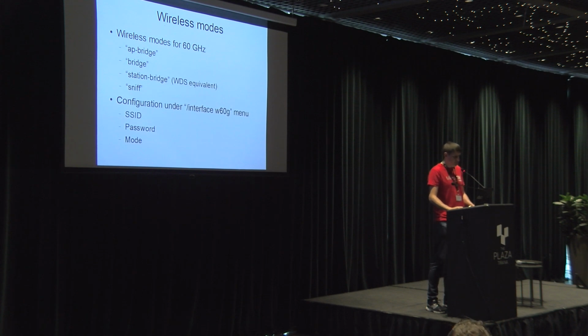It's basically for scanning the frequency spectrum. The configuration is very easy. In the command line interface under interface V60G, you just need to specify the SSID, password, and the mode: bridge, AP bridge, or station bridge.